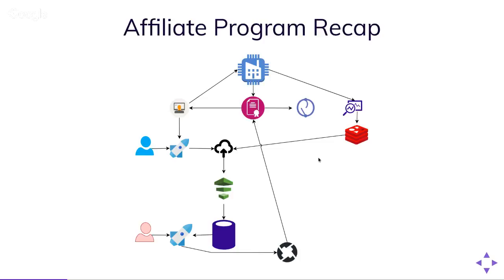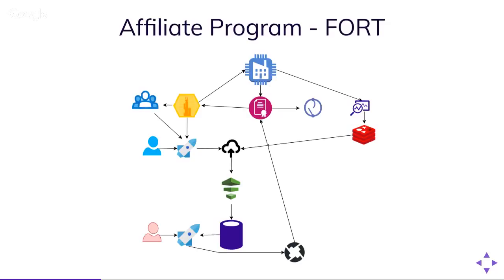So this is our standard affiliate program. Anybody can sign up for our affiliate program and get this deal. But for the people who are making open source contributions to OpenRelay, we have an extension to this.